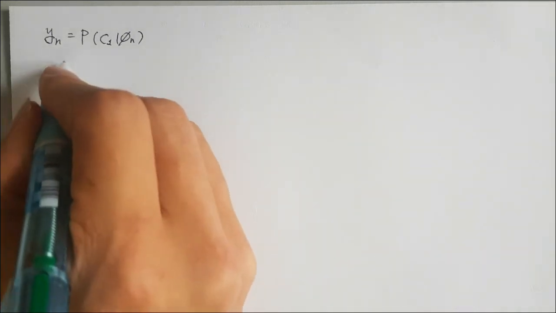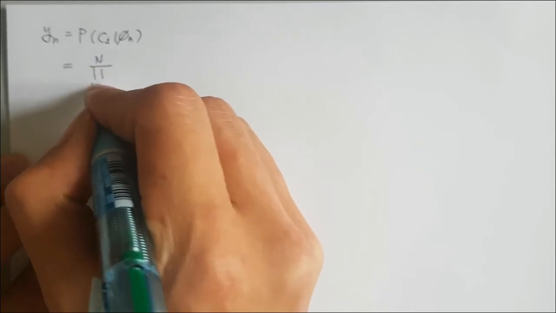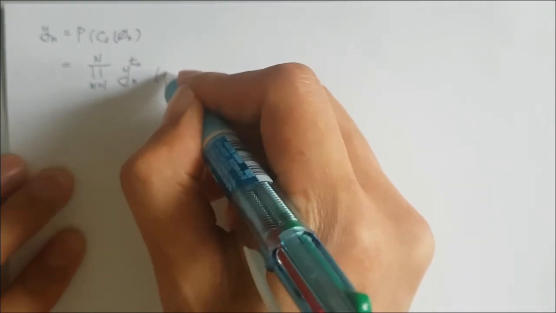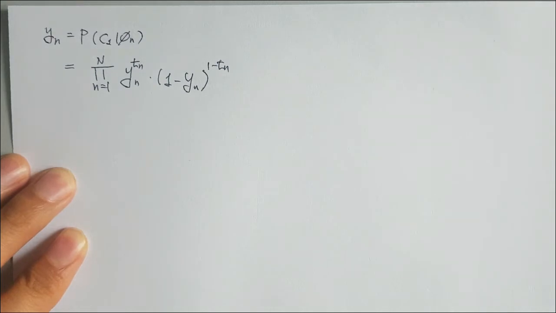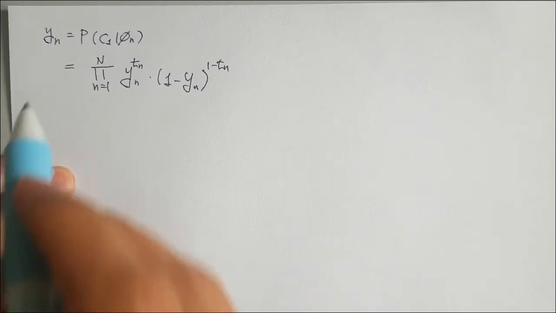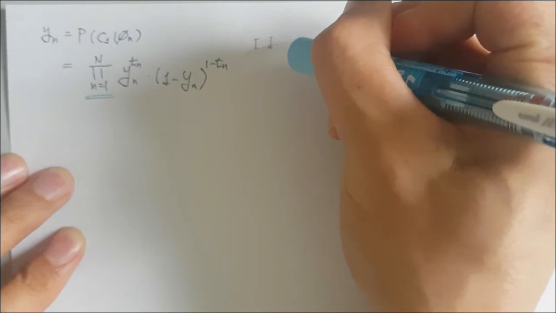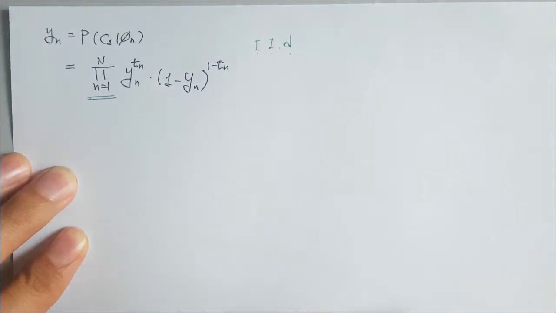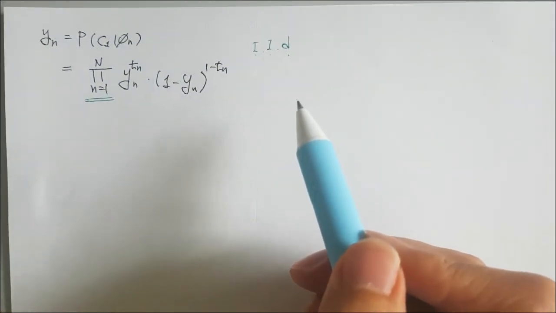So this data will be represented like this. Here is the basic assumption. It should be IID, identically independent distribution, so each data point should be independent.